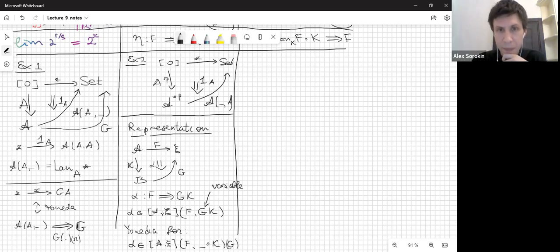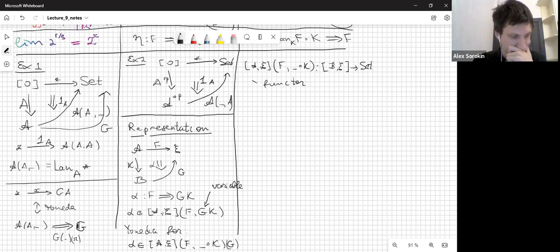Okay. Then we will say that there is a functor, from the functor category from A to E, from F to blank composition K, which takes any functor from B to E and lands in the category of sets. So this is a functor. As we just saw, by the Yoneda lemma, alpha corresponds to a certain natural transformation. But what is this natural transformation? It is a natural transformation from the representable functor to our given functor.